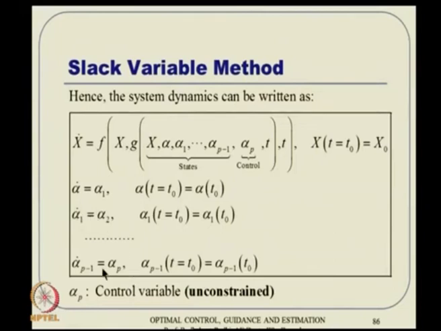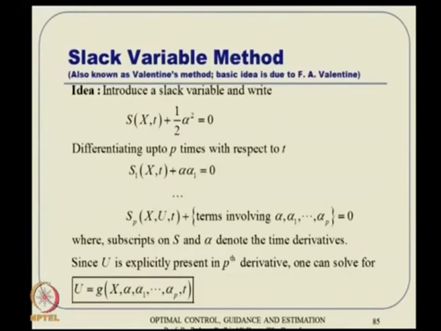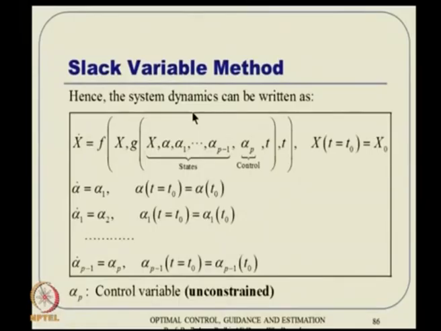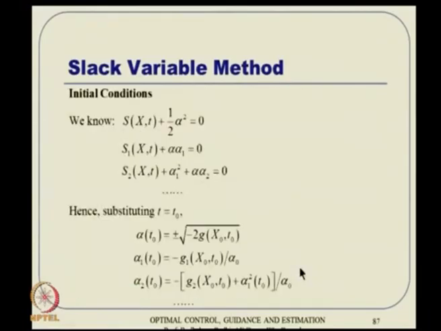Alpha p happens to be a control variable, and the fact is alpha p is actually unconstrained also, since the same constraint has been taken care of in this equation itself. So again we add p states to the n states. In other words, we increase the state dimensionality, but ultimately we are able to convert a constrained optimization problem to a free optimization problem.